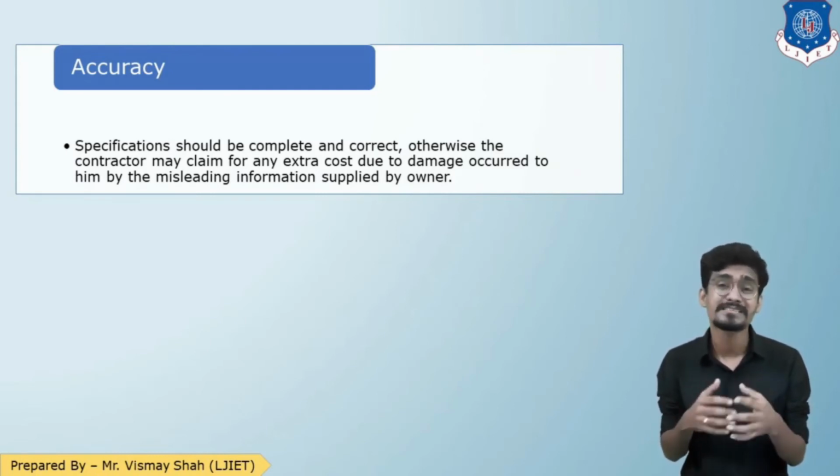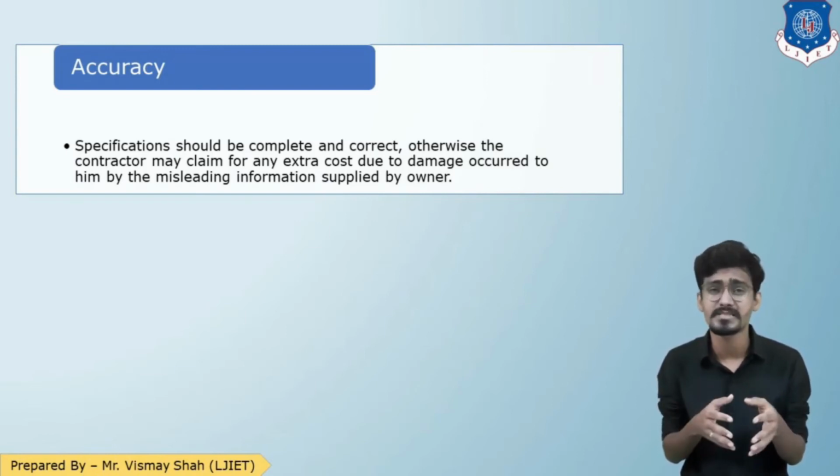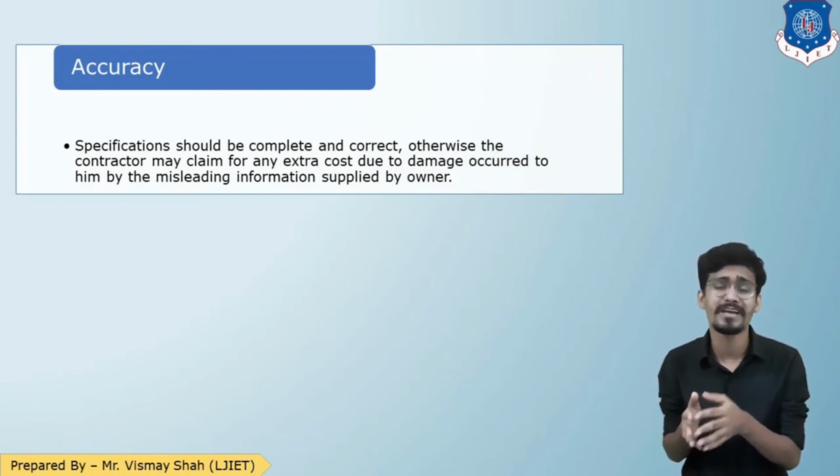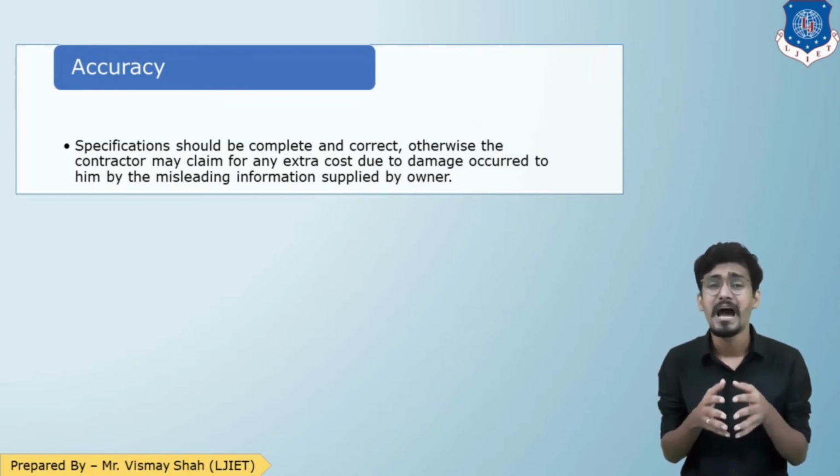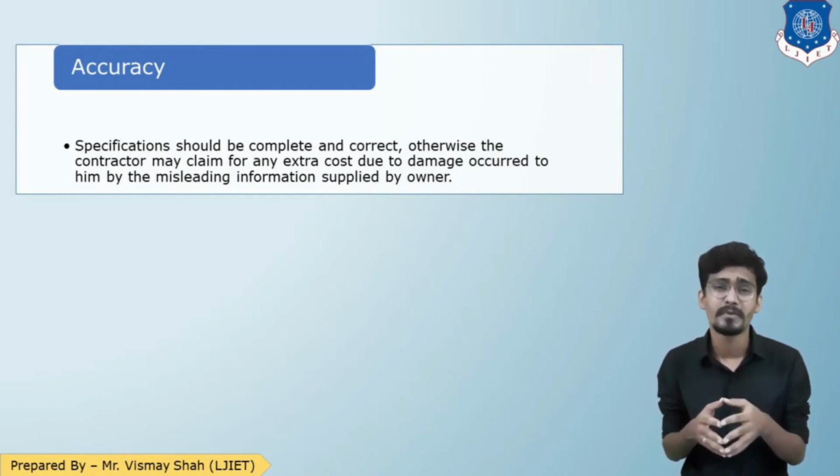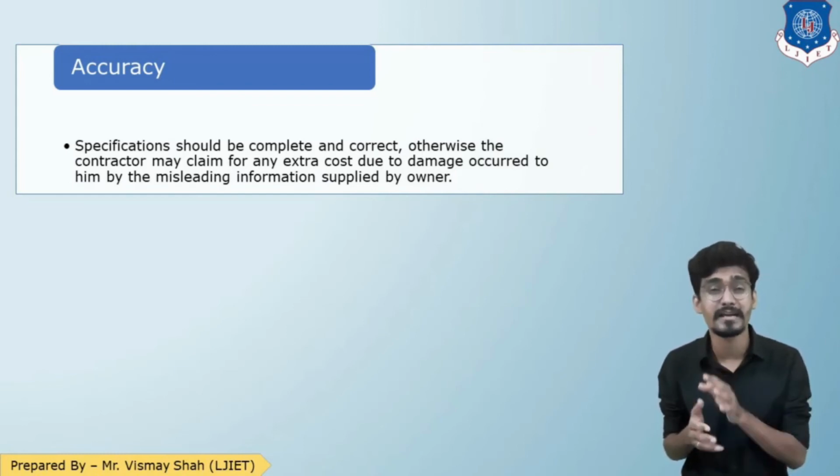Now let us take another scenario where you use "must". So the contractor must not throw the excavated material inside the plot area, or the contractor must throw the excavated material outside the plot area or the boundary area. Even in such a condition, the contractor can misinterpret your given data.